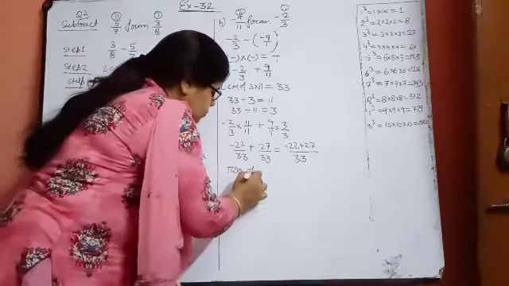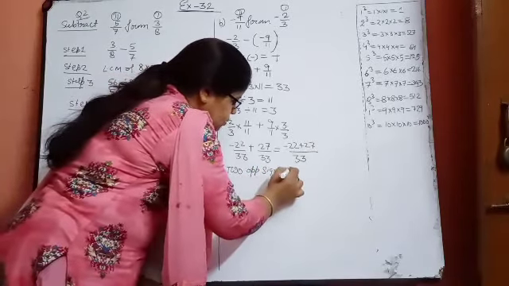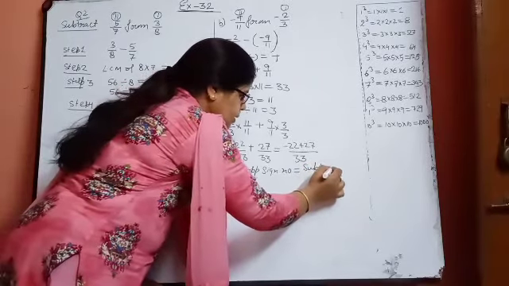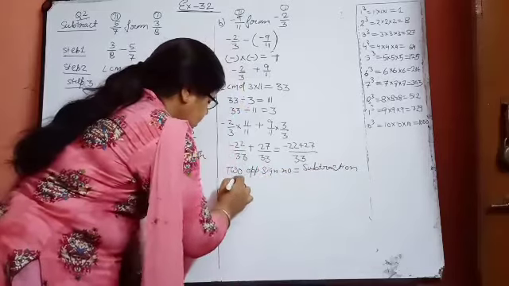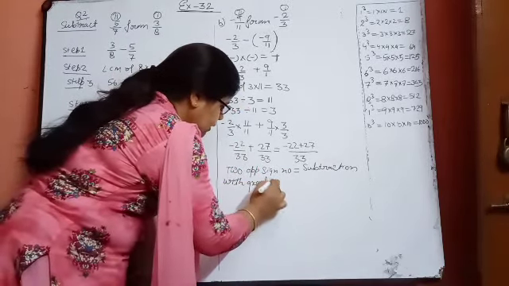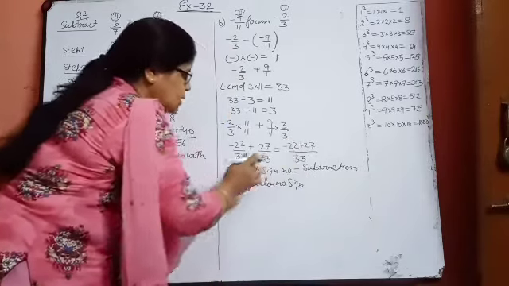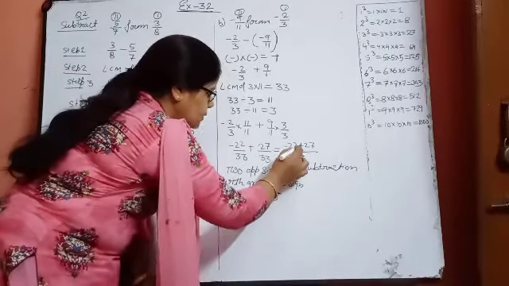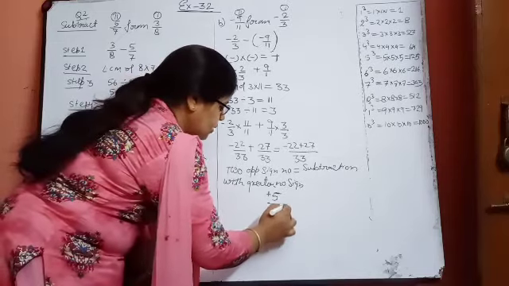Two opposite sign numbers is equal to subtraction with the greater number's sign. So subtract it now. 27 minus 22, what will come? 5. What sign does the greater value have? Plus. So plus 5 upon 33. It will be your answer.